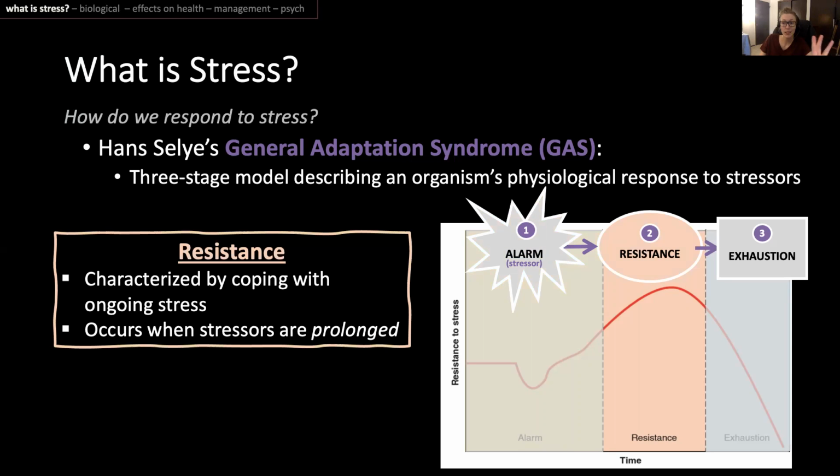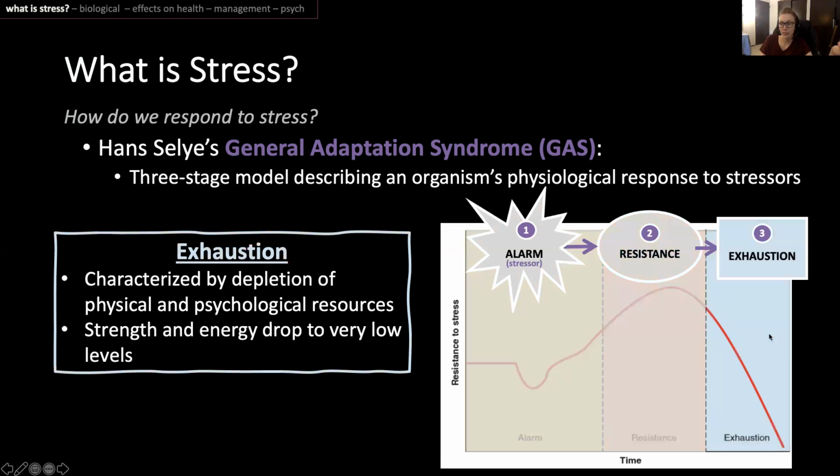But again, we're not perfect superhero super beings, because we can only do that for a certain designated period of time. After stressors are what we call prolonged, lasting for a while, it changes. If you have a spider that's stressing you out in the corner and you can smash it and you're done, you might not go through all these stages. But if you have a stressor that's prolonged, maybe you're studying for an exam or you're working a couple jobs to make a living, you're going to be able to resist that for a little bit.